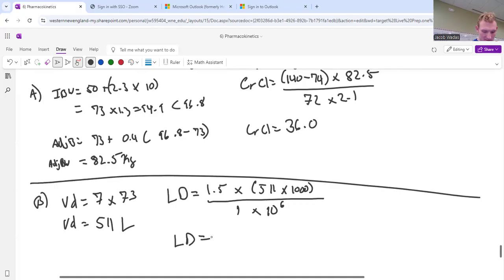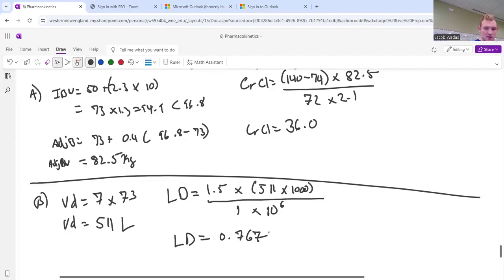Let me know what you guys get. I got 0.76. 0.76, and then you can round to 0.75.